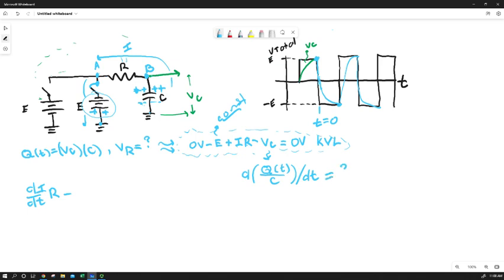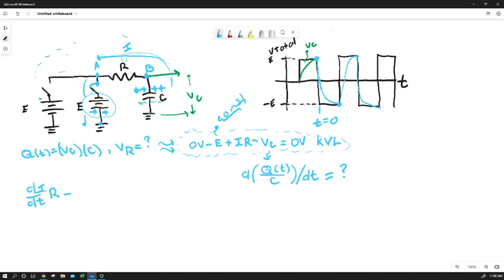Equals what? Well, we know the time rate of change of charge is current, but in this case we need to look at the magnitude and direction. We've defined current as being the flow of charge counterclockwise. We define charge on the capacitor as being a positive charge on this side.